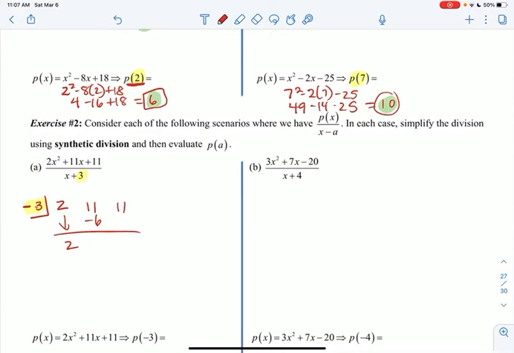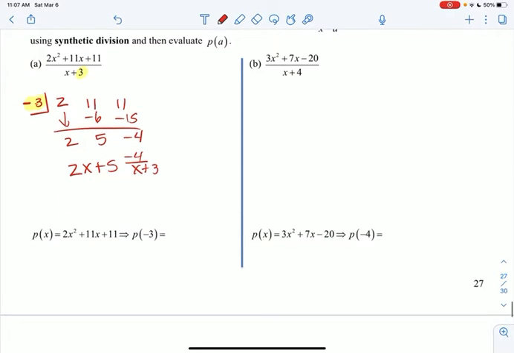I combine 11 and negative 6 is 5. So I multiply negative 3 times 5 is negative 15. And then I combine, and that's negative 4. So basically, my answer is 2x plus 5, and negative 4 is my remainder. Negative 4 over x plus 3. Okay, so that's my answer when I'm dividing.